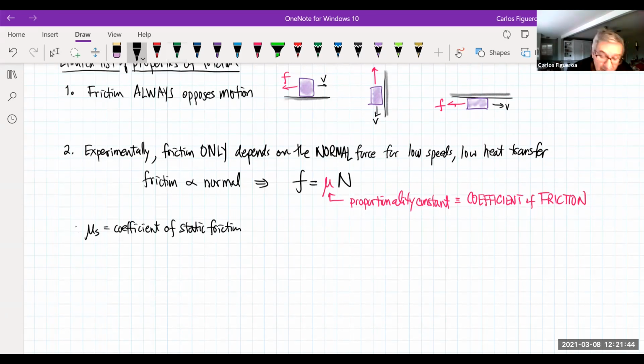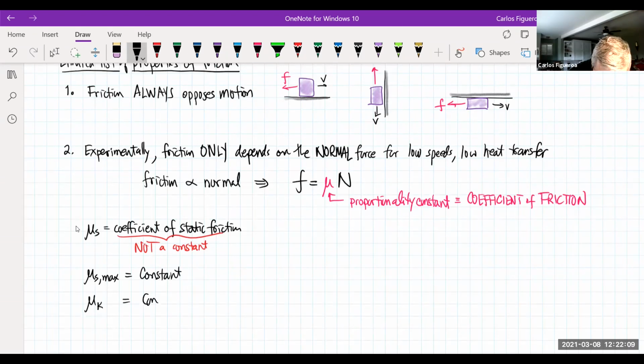This guy is not a constant. And then we have two constants. Maximum static friction, this guy is a constant. And mu k is also a constant.